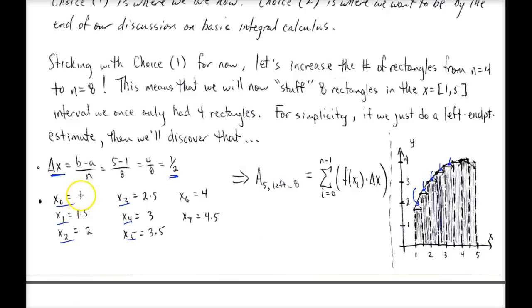And so instead of being 1, 2, 3, 4, and 5, now we have 1, 1.5, 2, 2.5, 3, 3.5, 4, and 4.5 for the left endpoint estimate. Now, if we were going to do a right endpoint estimate, then of course we would start here at x sub 1, and we would use all of these values and stop here at x sub 8.